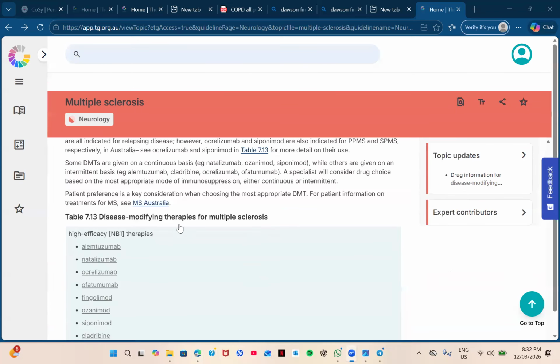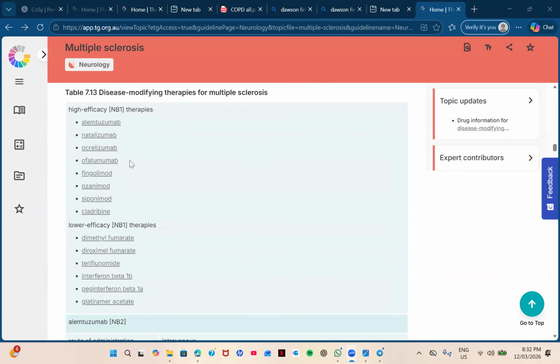So what are the high effective therapies, doctors? They are alemtuzumab, natalizumab, ocrelizumab, right? These are all sumabs, right? What is the drug, Dr. Rehan?